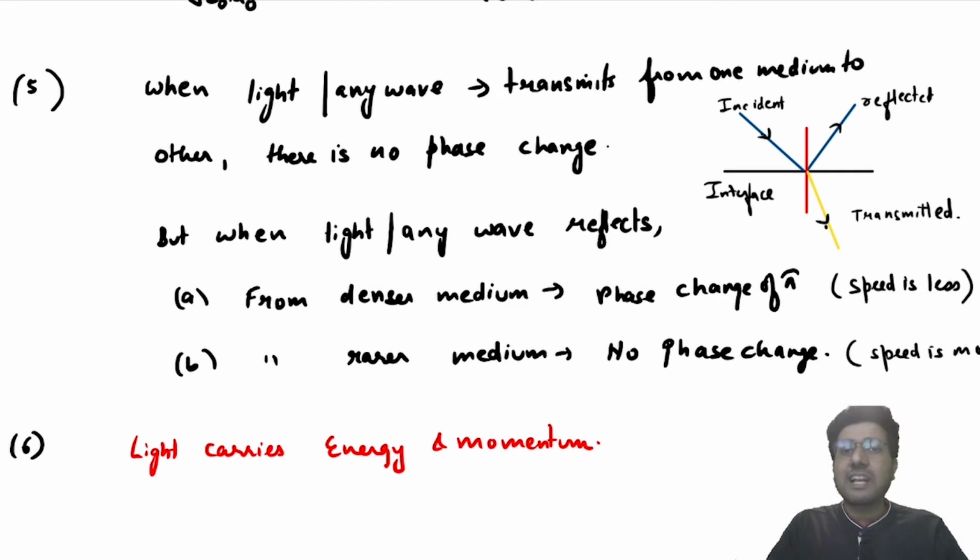And in transmitted light there is no phase change whether the light travels from rarer to denser medium or denser to rarer medium. Light, just like any other electromagnetic wave, carries energy and momentum, which is given by Planck's law. We have already discussed that in modern physics.